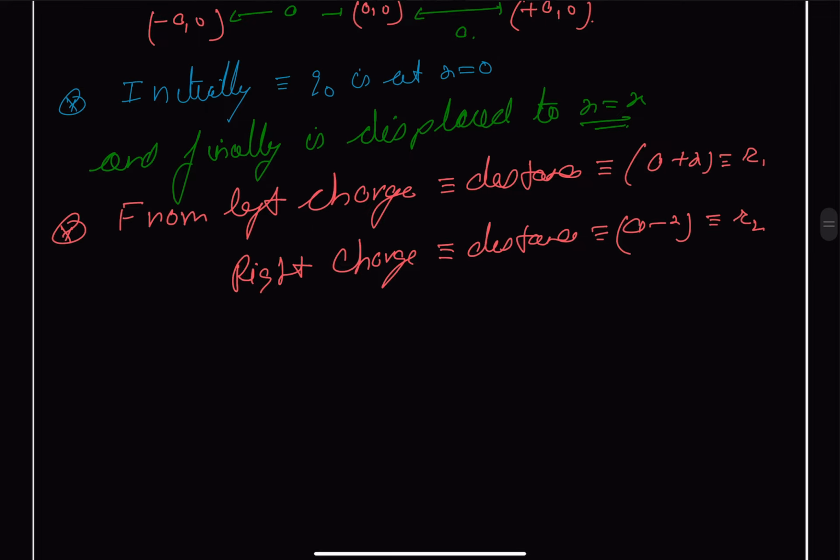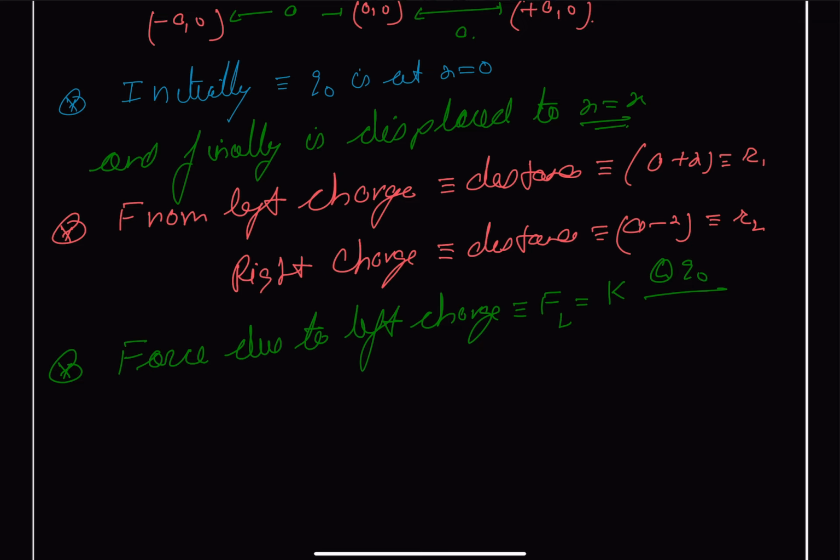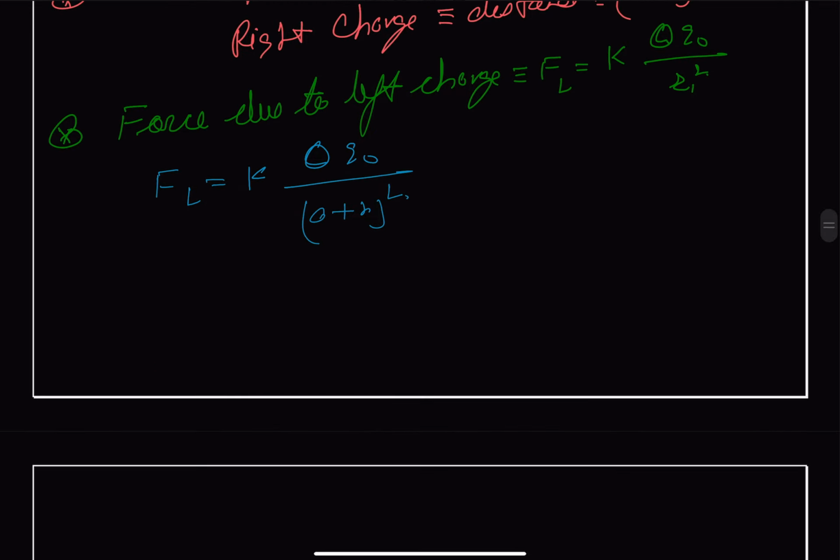So we can find the force due to the left charge, let us call this FL, which will be equal to K Q times Q naught upon r1 square. This can be written as F left equal to K Q Q naught upon a plus x whole square, and the direction will be towards the right.